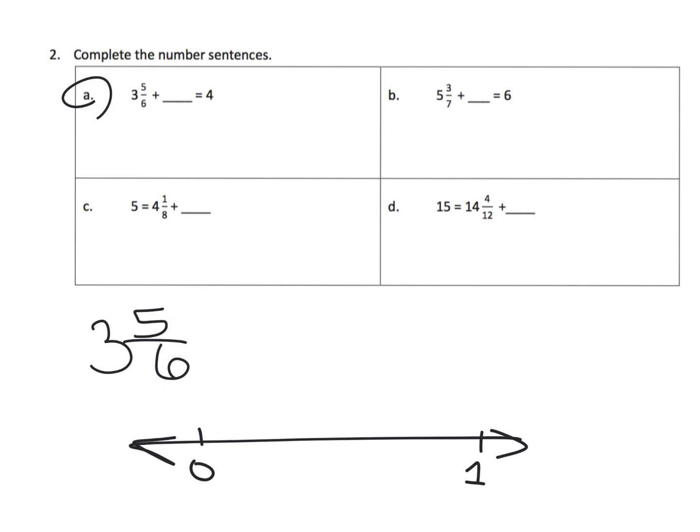Here's from 0 to 1. And you may need to cut this and show where 5/6 is. There's 5/6. And so that they can actually see that, oh, we need 1 more 6th in order to get 1 whole, which means we need 1 more 6th in order to turn 3 5/6 into 4. All right, so you may need to do this.